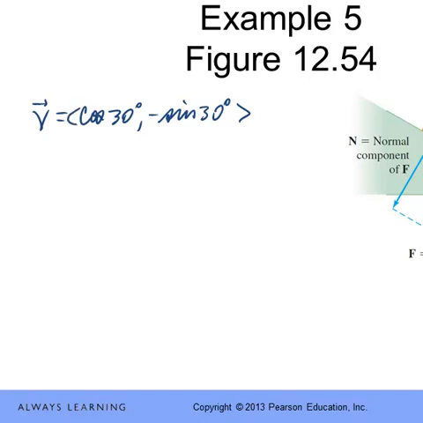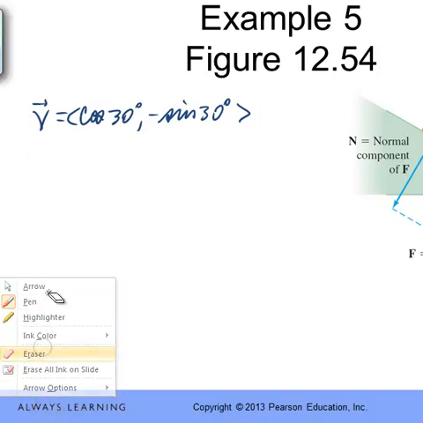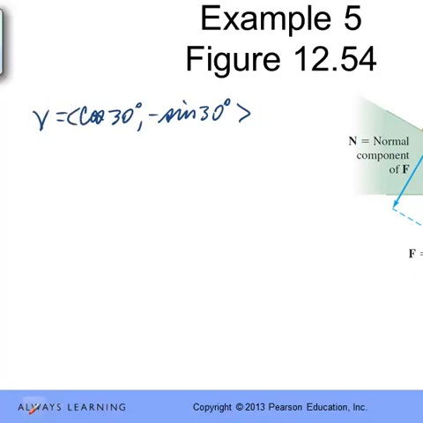That would be V right here, this unit vector that points down the ramp. Now, cosine of 30 degrees is what? It's square root of 3 over 2, right? And negative sine 30 degrees? It's negative 1/2, right?